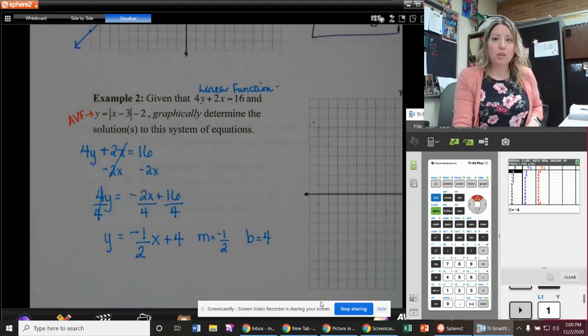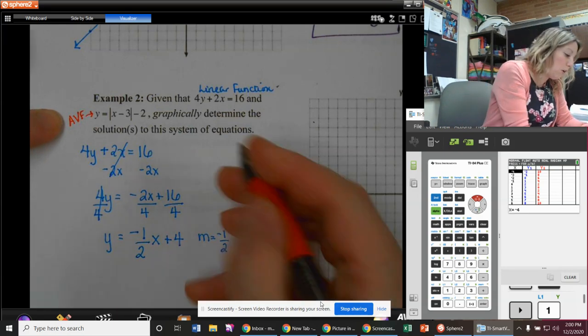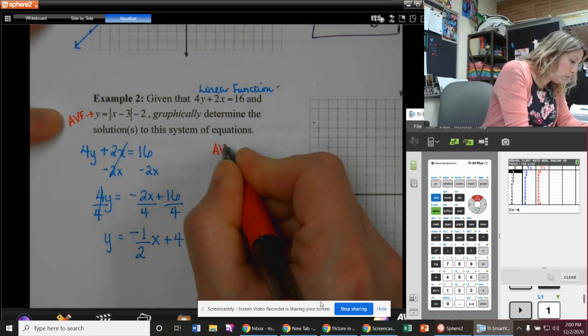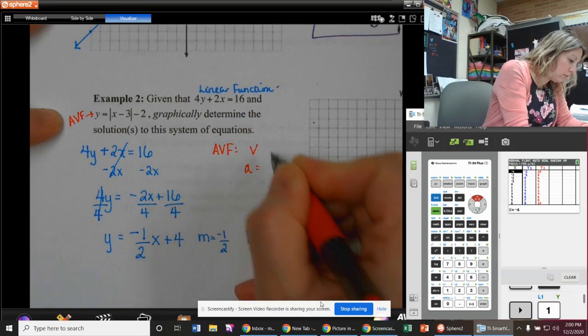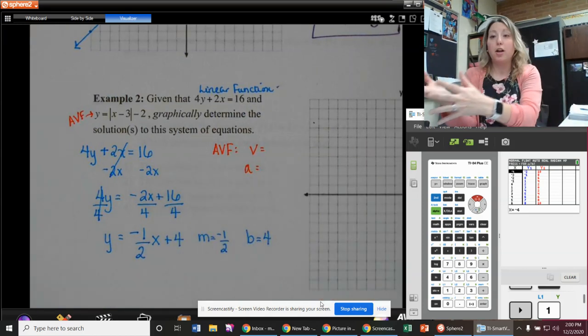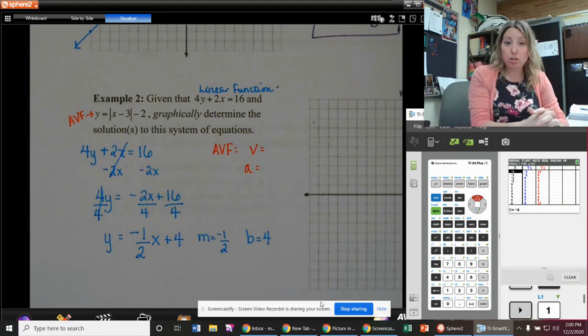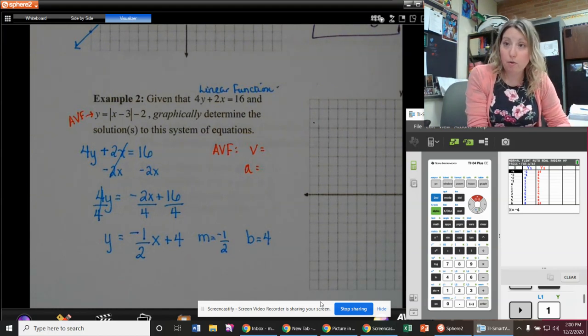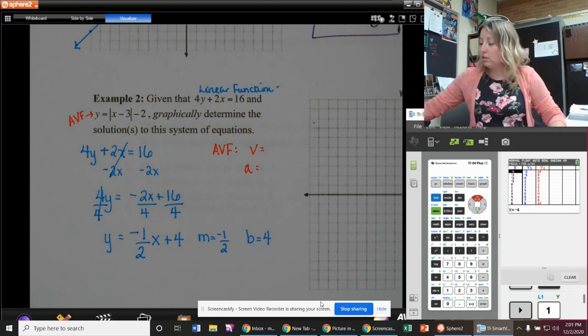Okay. So now, with the absolute value function, you can choose, do you want to do the vertex and slope, or do you want to plug into your graphing calculator and look at the table? That's going to be up to you which way you want to go with that. I know which way I'm going. This is when you want to pause.